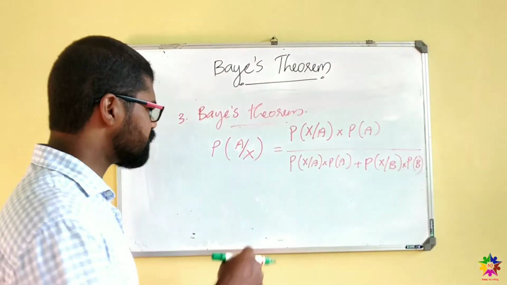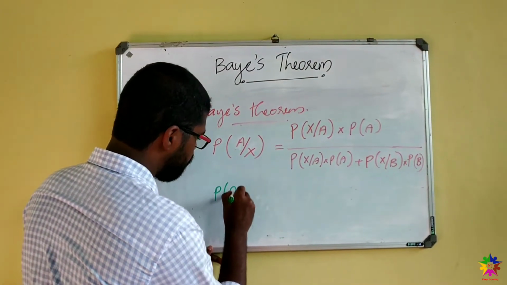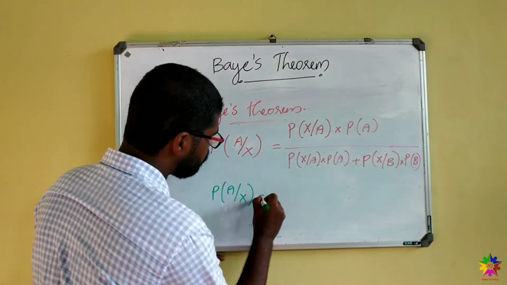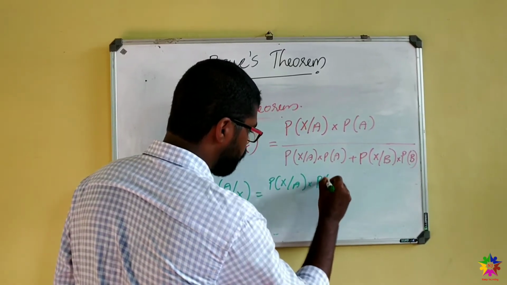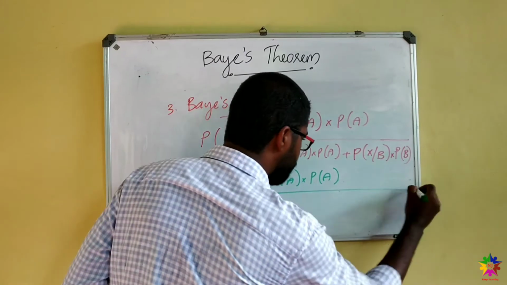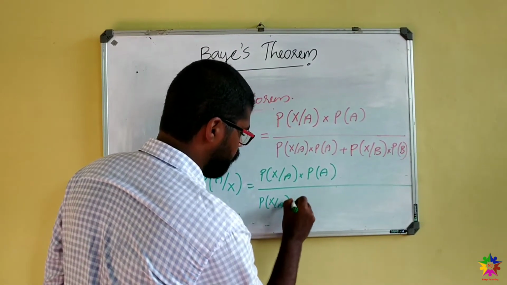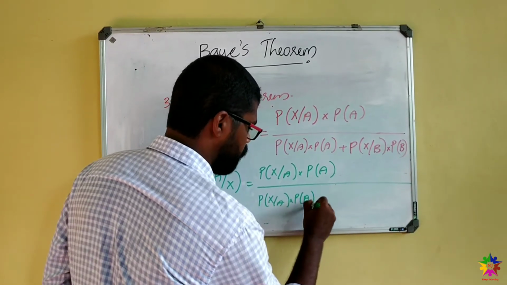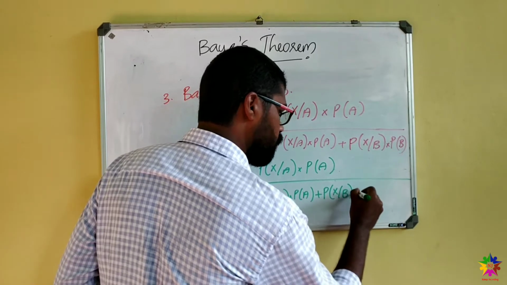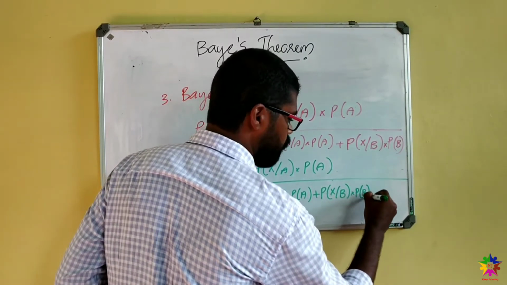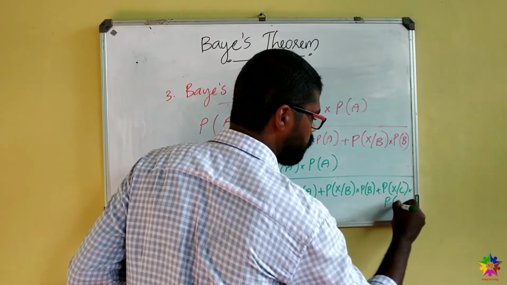Now suppose there are 3 boxes. Then probability of a given x is equal to probability of x given a into probability of a, all divided by probability of x given a into probability of a plus probability of x given b into probability of b plus probability of x given c into probability of c.